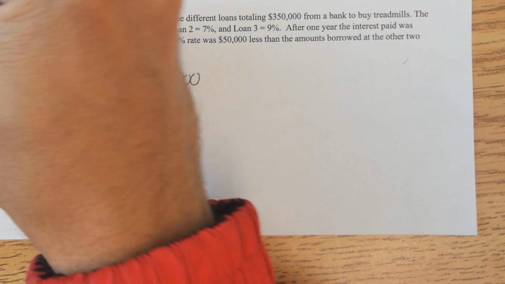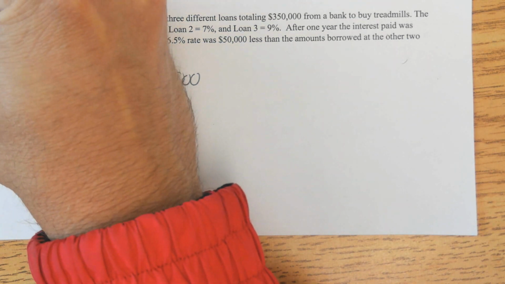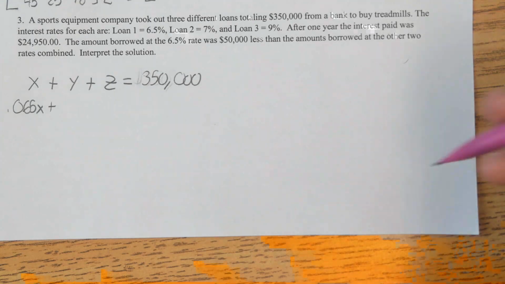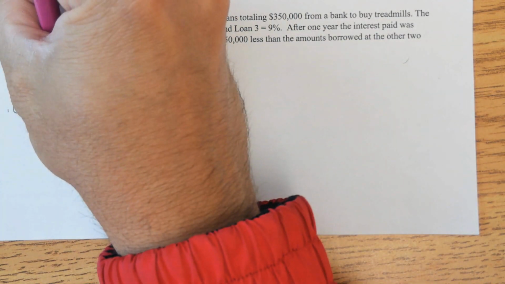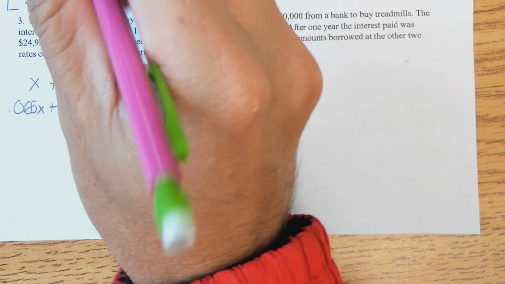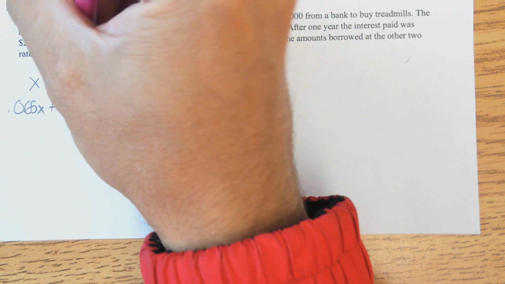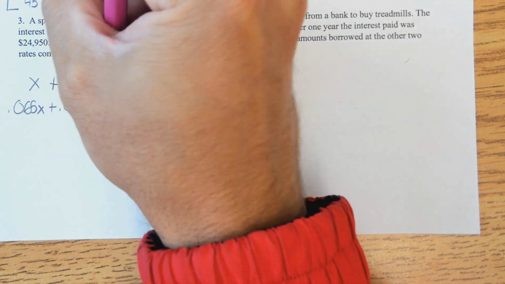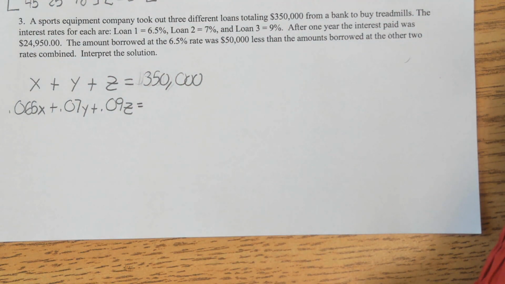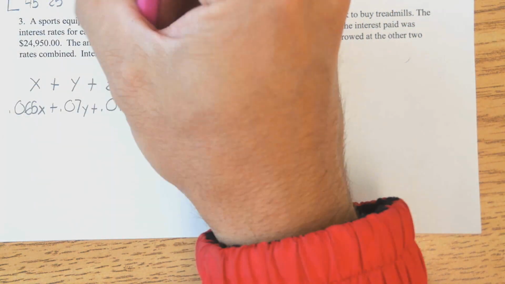Okay, so it's going to look like this. Since we're going in order, loan one here, so we're going to say 0.065x plus 0.07y plus 0.09z. All right? And then it says after 1 year, the interest paid was $24,950.